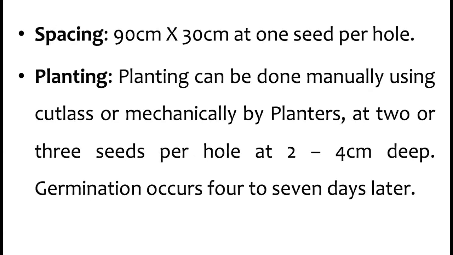Spacing. 90 centimeter by 30 centimeter at 1 seed per hole. The spacing should be 90 centimeter by 30 centimeter at 1 seed per hole. The planting. Planting can be done manually using cutlass or mechanically by planters.